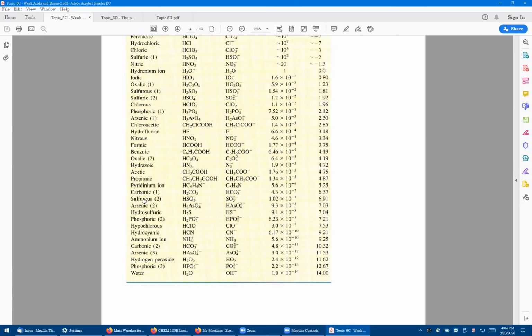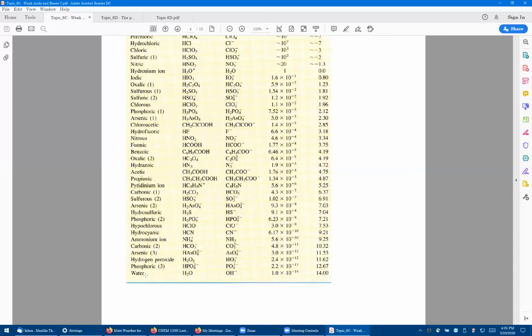But as you go farther down the list, you can see there's some others here that are much weaker yet. Hydrosulfuric acid, H2S, which is actually a gas, of course. If it dissolves in water, it will form some hydrogen sulfide ion, but the Ka is on the order of 10 to the minus 8 or something. And so it's a much weaker acid, about 1,000 times weaker than acetic acid, for example.